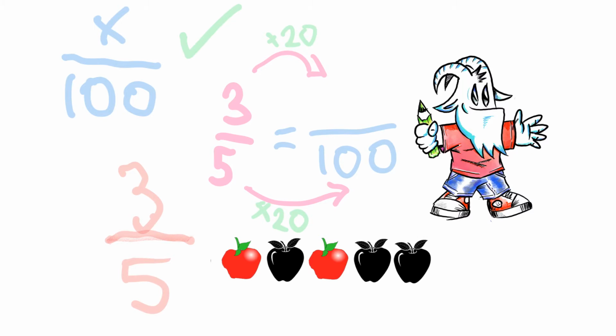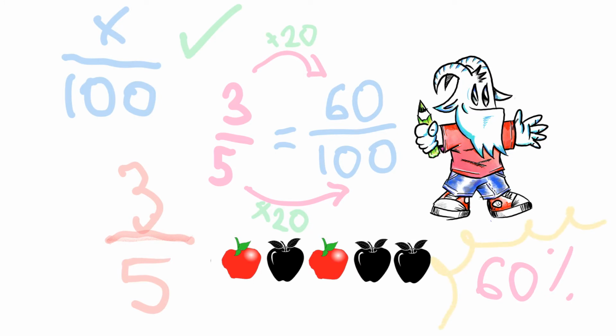3 times 20 gives me 60, so that's 60 out of 100. But because I know that 60 out of 100 is a percentage, because percentage is a fraction with the denominator of 100, that's 60%.